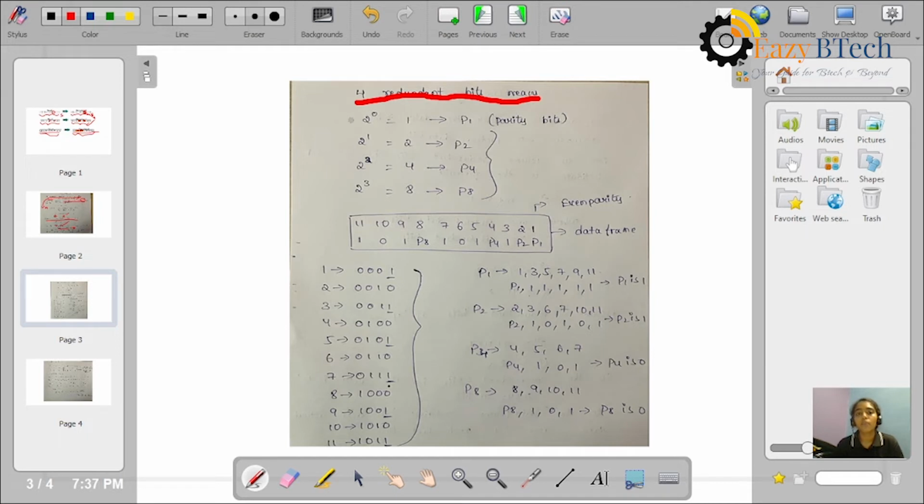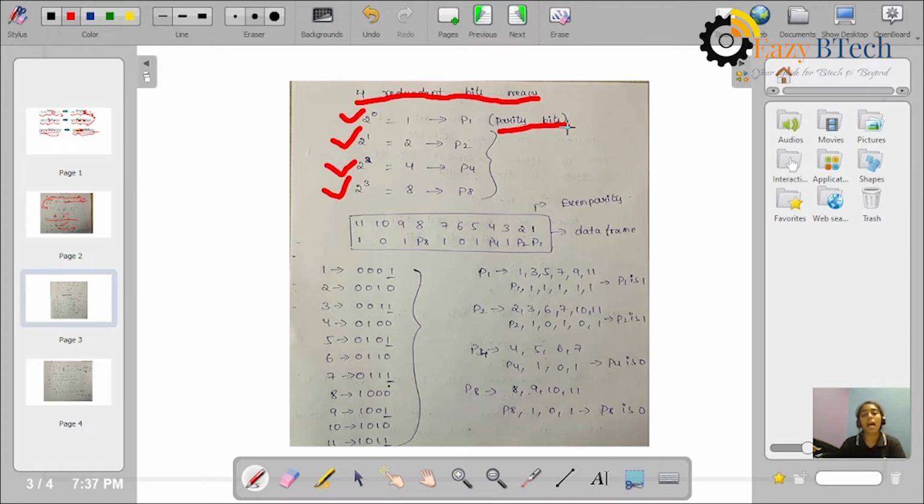Okay, so from 0 onwards I'm telling 2 power of 0 is P1, 2 power of 1 is P2, 2 square is P4, 2 cube is P8. So these are the redundant bits, which we can also call parity bits. Redundant bits are also called parity bits.